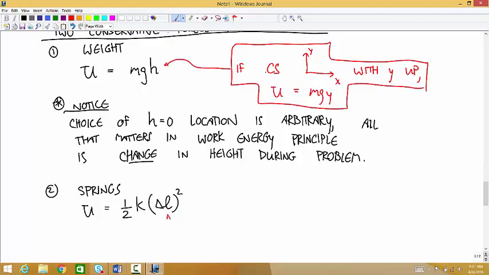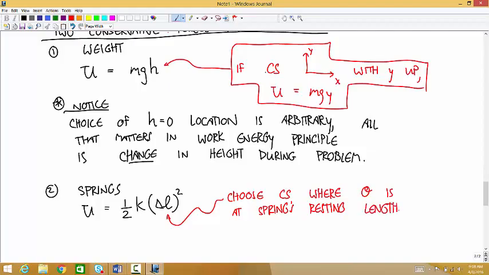And we're always, for this, going to choose a coordinate system where the origin is at the spring's resting length, and the path of the object is along an axis.